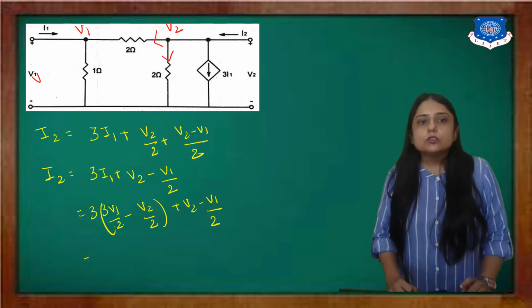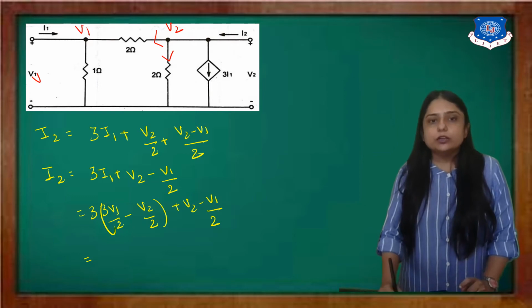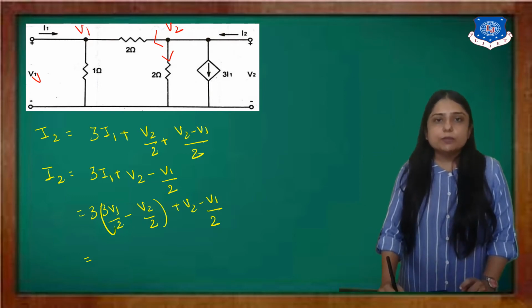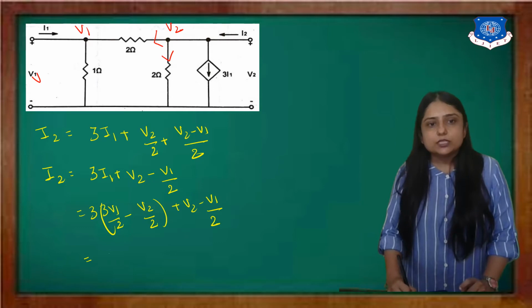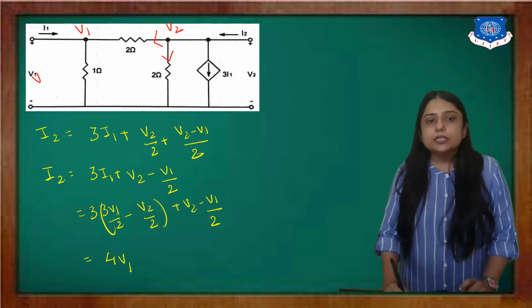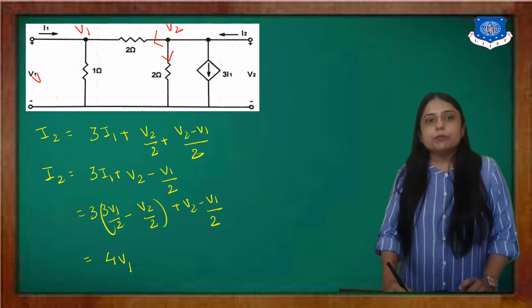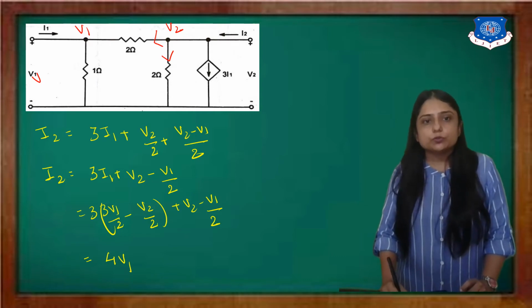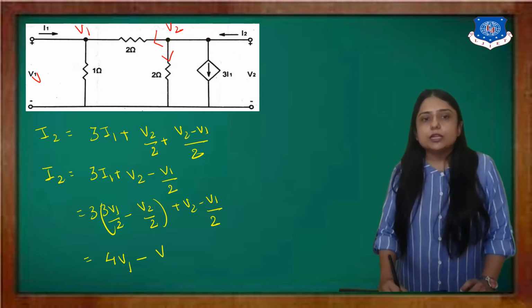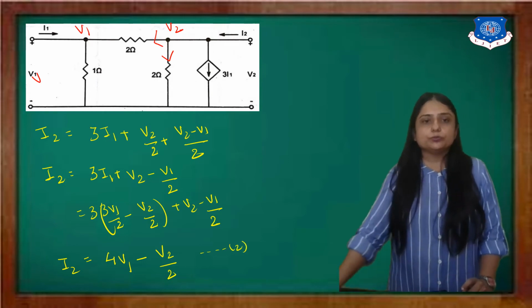That gives 9V1 by 2 minus V1 by 2, which is 8V1 by 2, so the answer is 4V1. And then minus 3V2 by 2 plus V2; taking the LCM, minus 3V2 plus 2V2, which is minus V2 by 2. This will be my equation number 2.